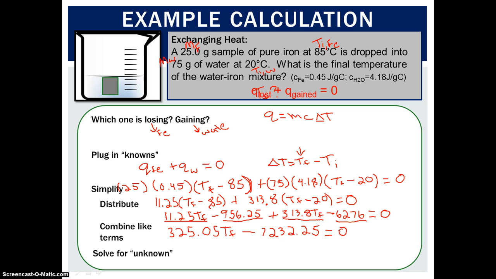The rest is just algebra. I'm going to solve for TF. So the first thing I need to do is to get rid of this 7,232, I need to add it to both sides. And over here as well.